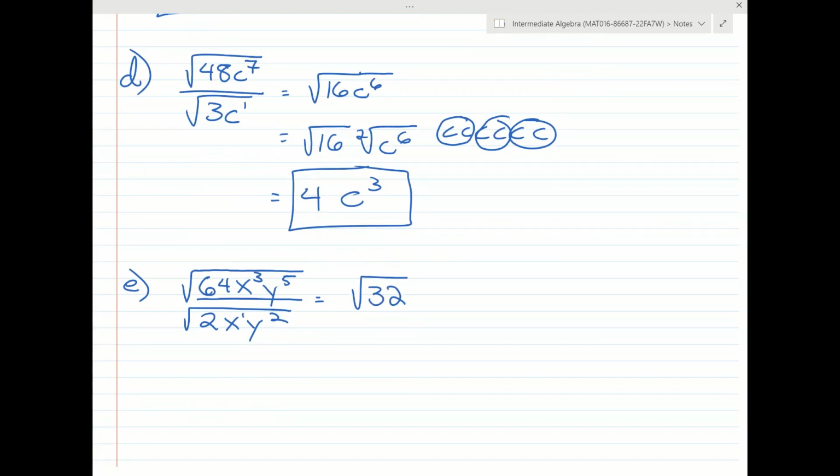X to the 3rd divided by x to the 1st is the square root of x to the 2nd. And the square root of y to the 5th divided by the square root of y to the 2nd is the square root of y to the 3rd.